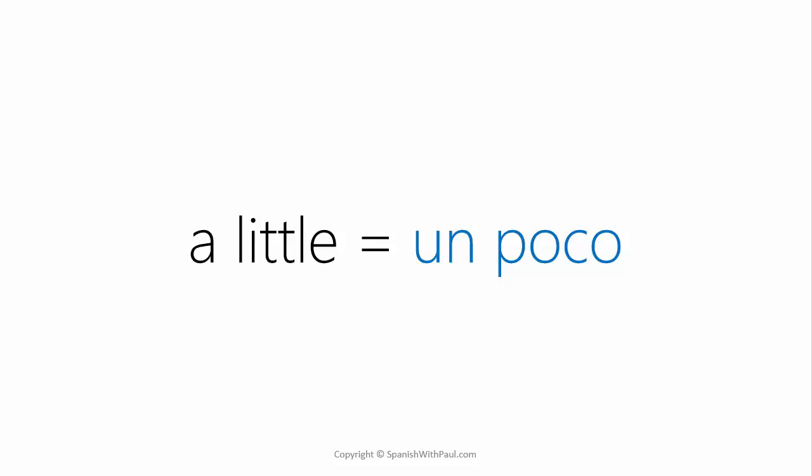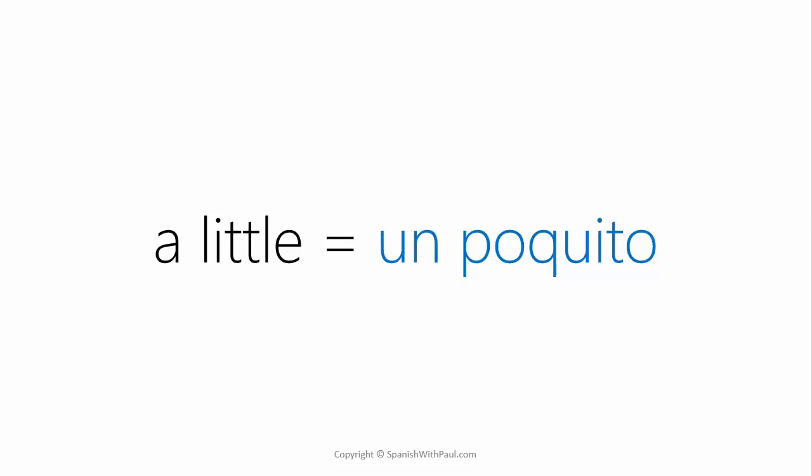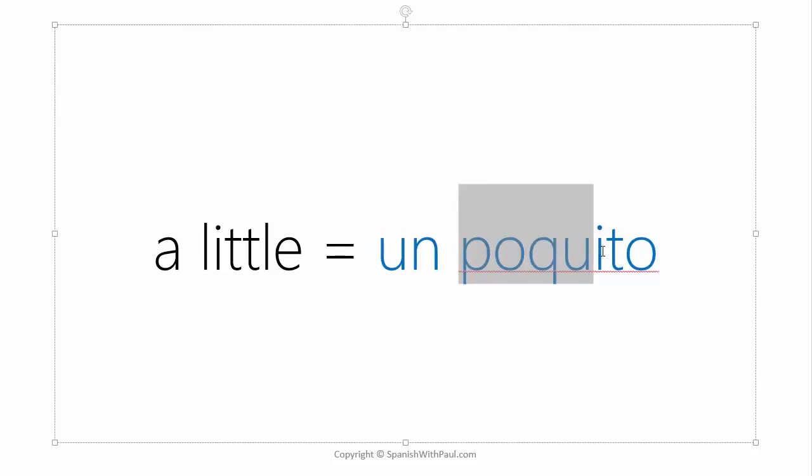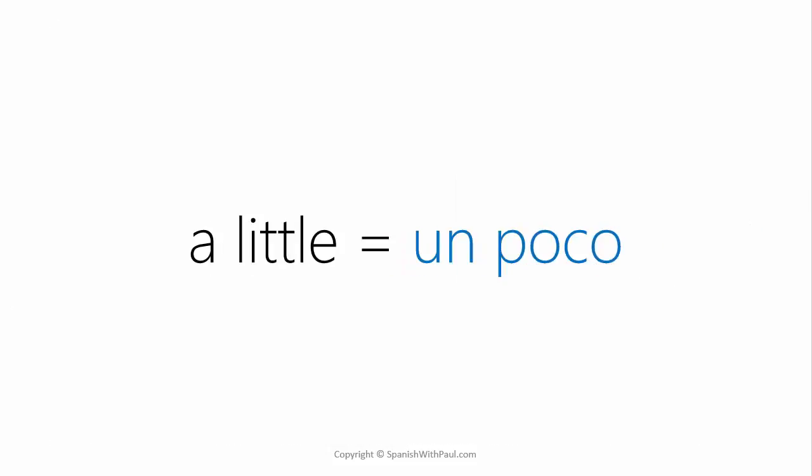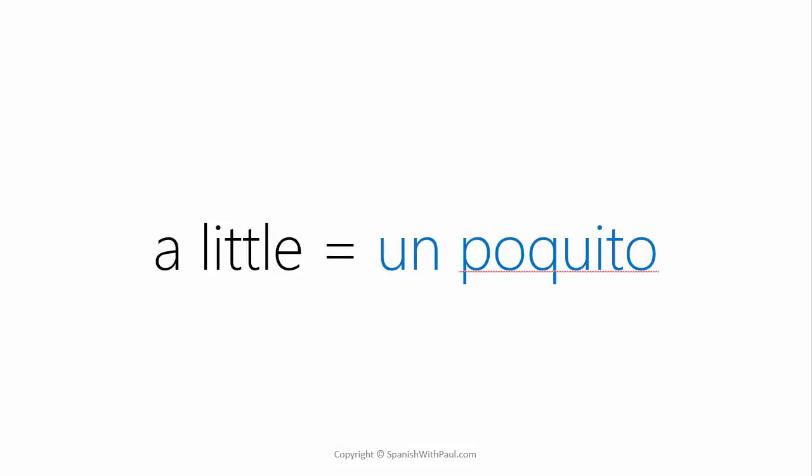To say a little in Spanish is un poco. And what I hear used even more than that is poquito. Here we have po, qui, to. So a little can be un poco, but I more frequently hear un poquito.